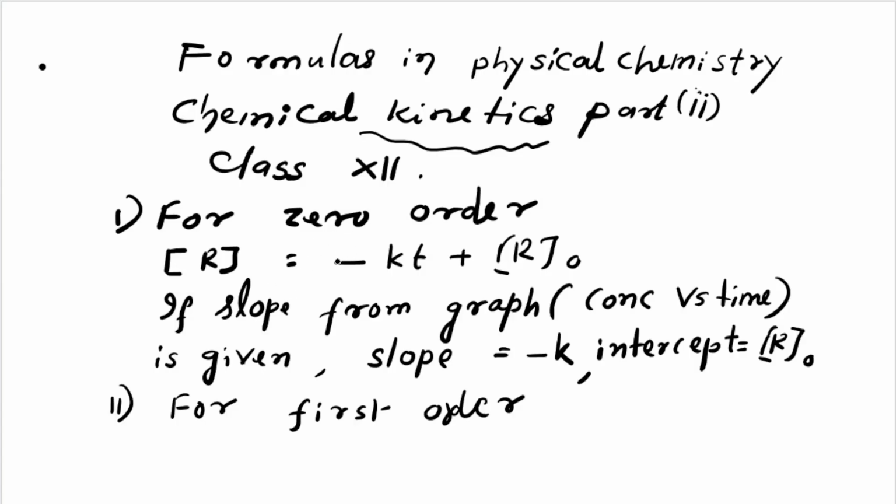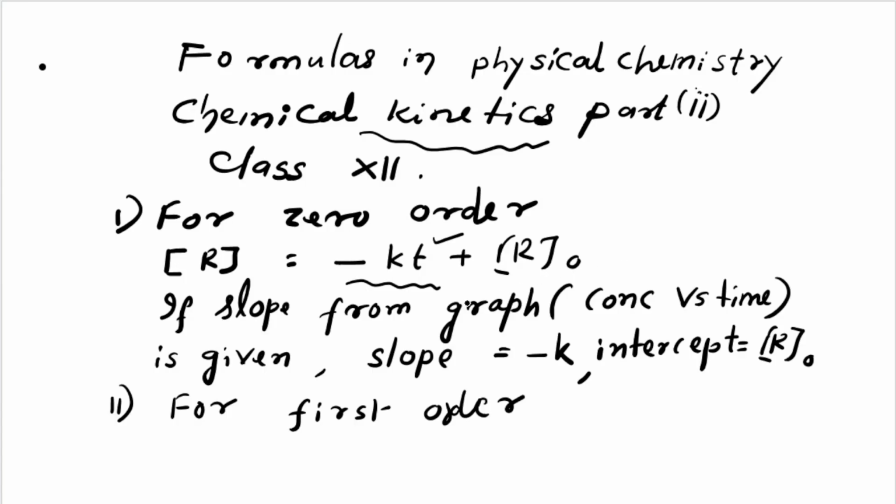For a zero order reaction, [R] = -kt + [R]0. What is the meaning here? [R] is the final concentration at time t, and k is the rate constant. [R]0 is the initial concentration at time 0.